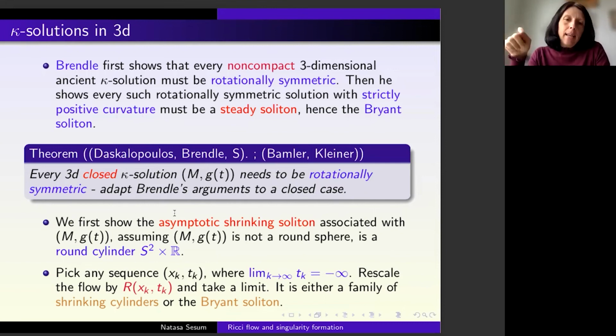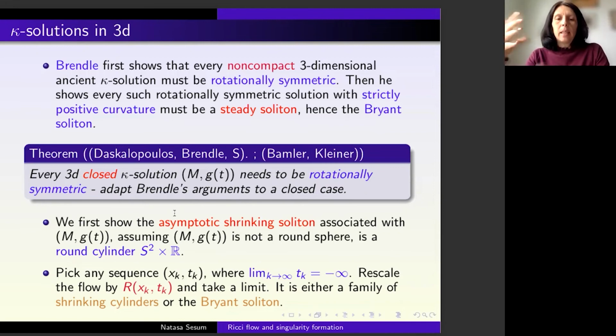But then as a next step, you show: now I pick any sequence xk, tk, where tk approaches negative infinity. I rescale the flow by the scalar curvature at xk, tk. I take the limit, and then we show that the limit always has to be either the shrinking cylinder or the Bryant soliton. And remember, both of them, the shrinking cylinders and the Bryant solitons, are rotationally symmetric.